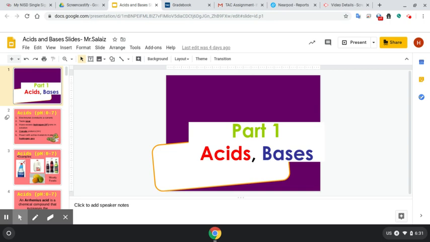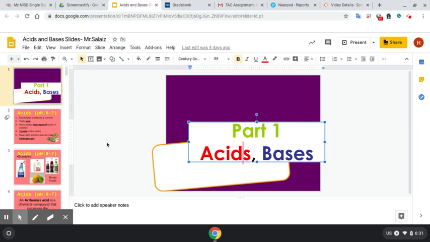Then I'm going to try to put this on YouTube, put that into Nearpod, and create some questions for you to answer, and then we'll move on to bases and I'll do the same thing with the bases. Okay, so here we go. First part is the acids.